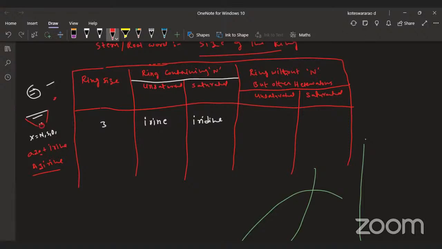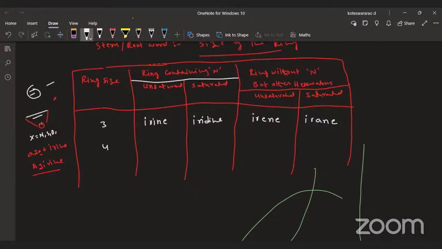Whenever, in this case, the root word or stem word is irene if it is unsaturated, or if it is saturated, irane.